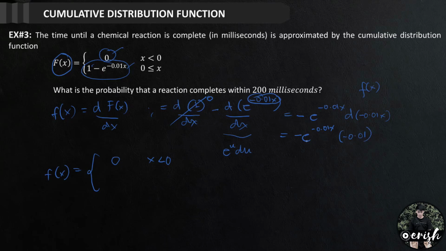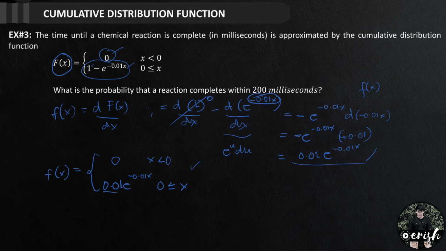So this is magiging positive na. Ito, negative times negative. This is positive 0.01 e raised to negative 0.01x. Ito ang ilalagay natin dito sa part na to. So this is 0.01 e raised to negative 0.01x, and this is for 0 less than or equal x.